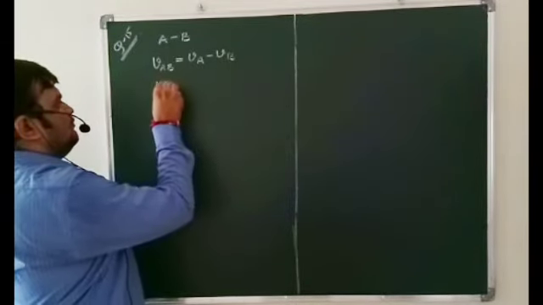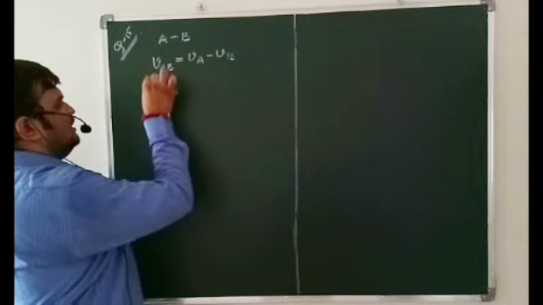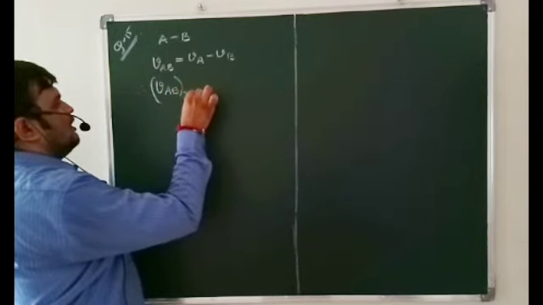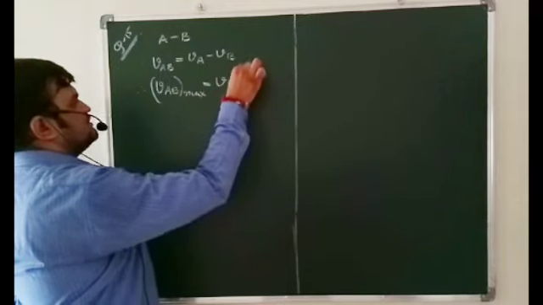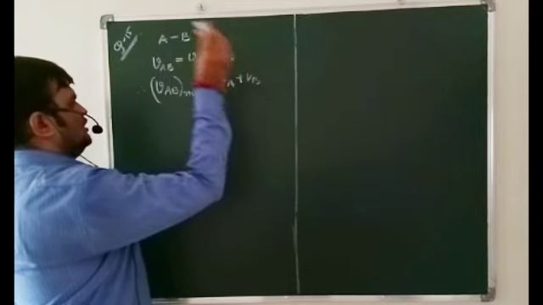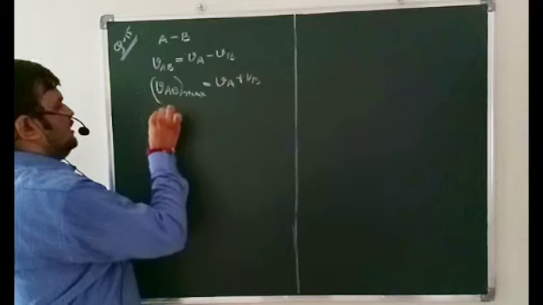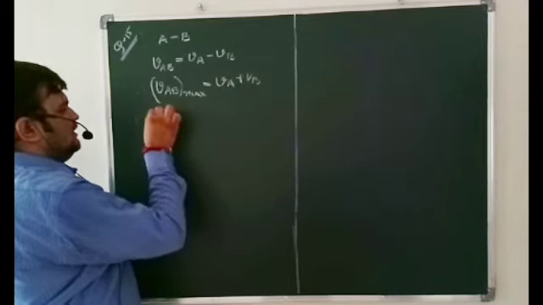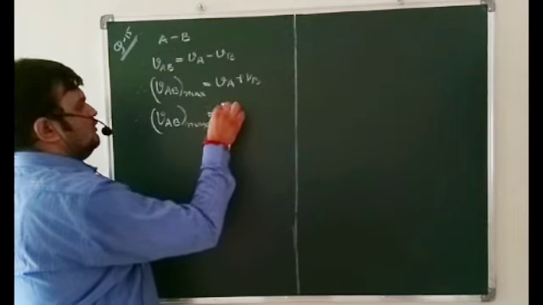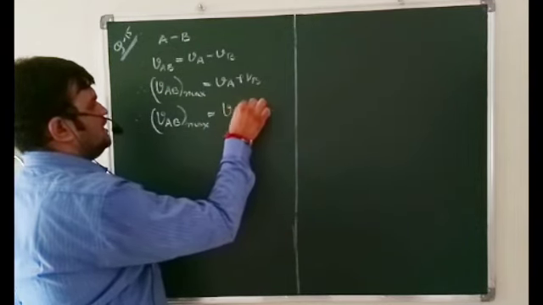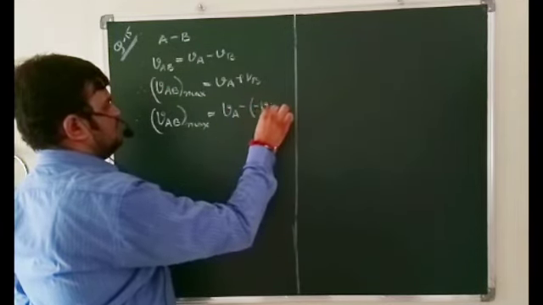At that time VAB maximum, that is VA plus VB. Now VAB maximum, that is VA minus VB.